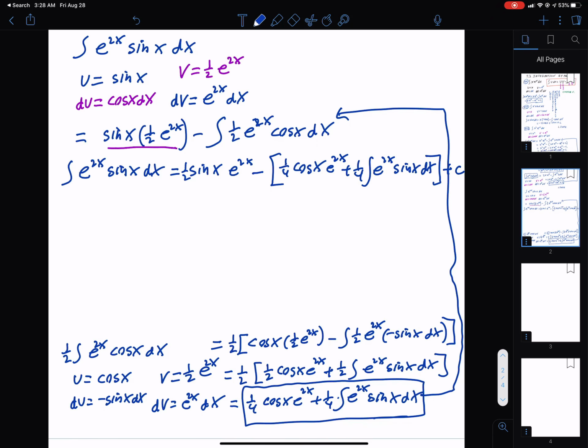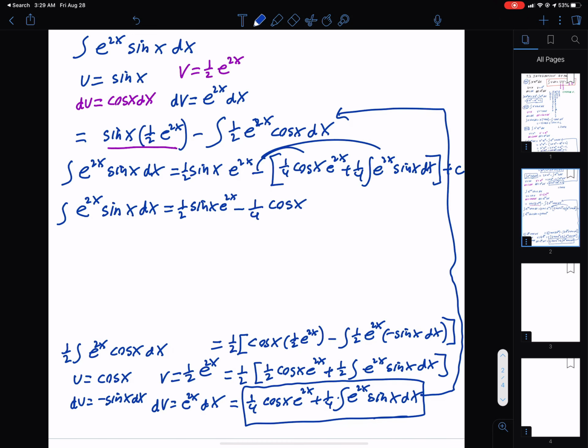All right, hang in here. Here's the good news. Maybe someone's going to see it, maybe not. I'm just going to distribute this minus sign here to both of those, and something magic's going to happen. If you see it, I guess you can't say anything because I won't hear you, but give yourself a large cheer.